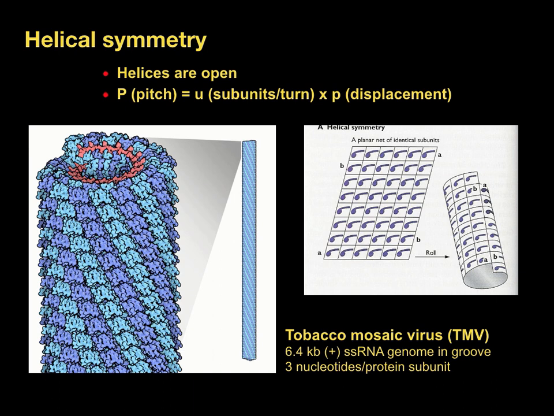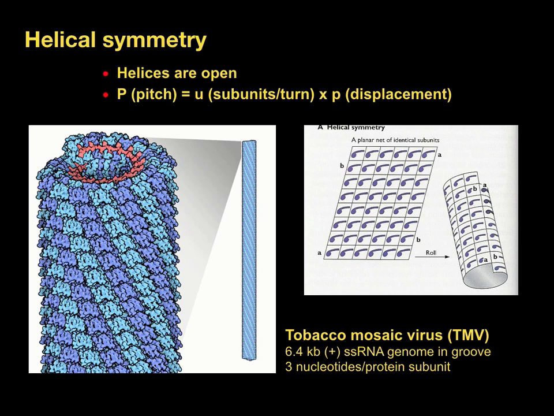This is something that Francis Crick and his buddy put together right before Caspar and Klug came up with the theory of quasi-equivalence. So you just need to know how many subunits you're going to have per turn of this helix, and then also the displacement.